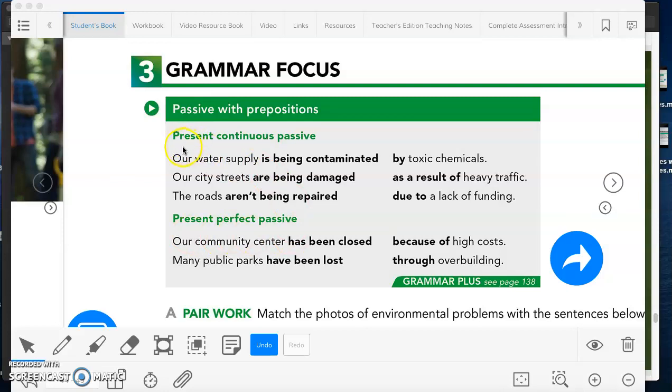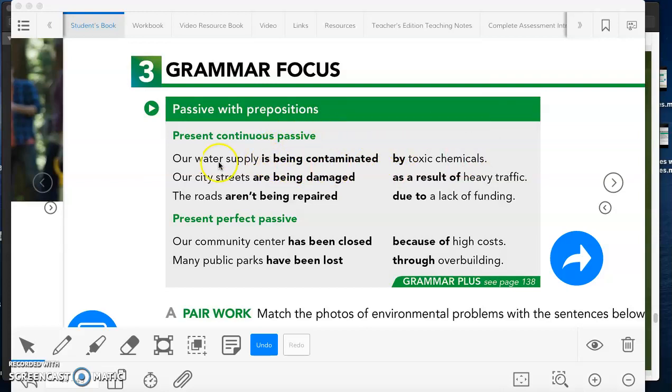So we have these sentences. Our water supply is being contaminated by toxic chemicals. So basically we have this in here. So this is the reason why this action that we are describing is happening.